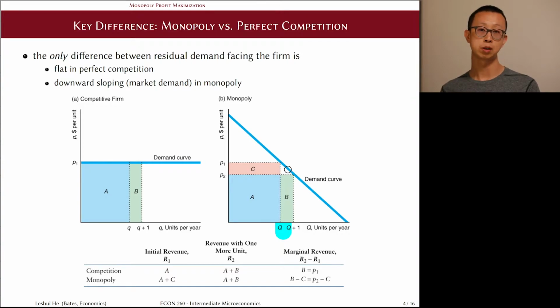To see how it works, let's imagine that a monopolistic firm produces an output level of Q units here, and the market price is at P1. In this case, the firm's revenue will be P1 times Q, or the entire area of A and C combined. If the firm decides to produce one additional unit from Q to Q plus 1, then the market price will drop to P2.